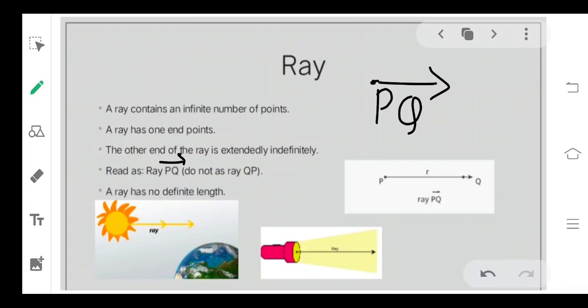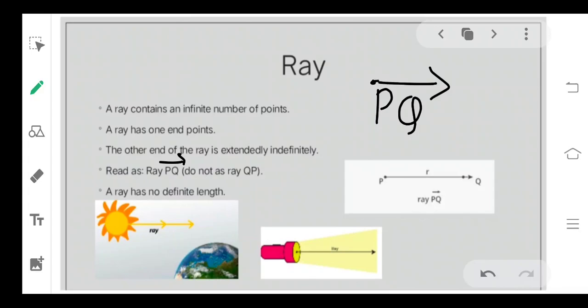Here is the one endpoint and the other end is extended indefinitely. A ray has no defined length. Students, we do not measure it like a line segment.